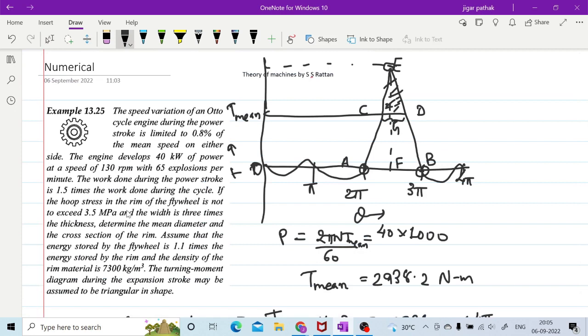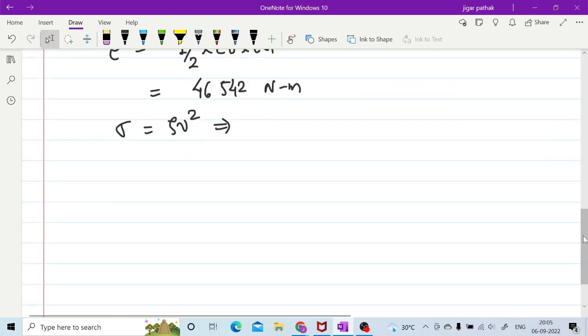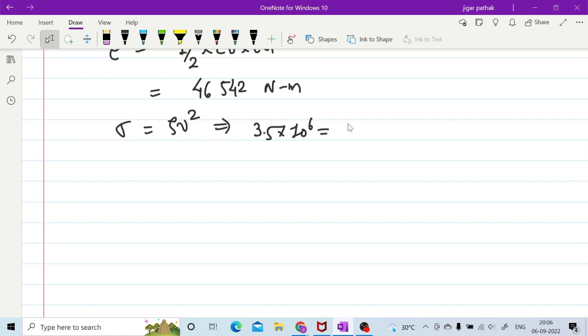Here the hoop stress is 3.5 megapascal. So 3.5 megapascal means 3.5 into 10 raised to 6 Newton per mm square is equal to rho, which is provided. What is rho?